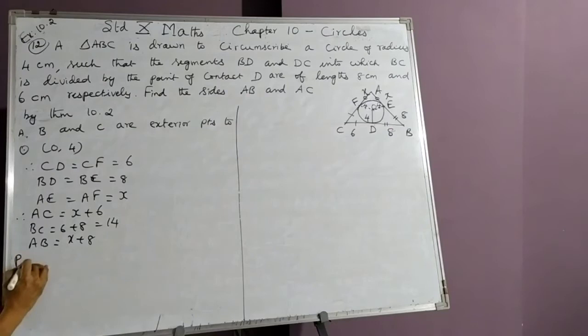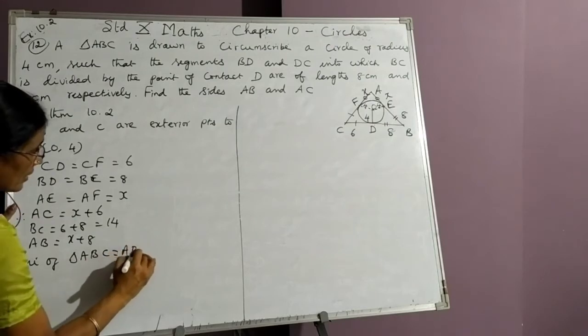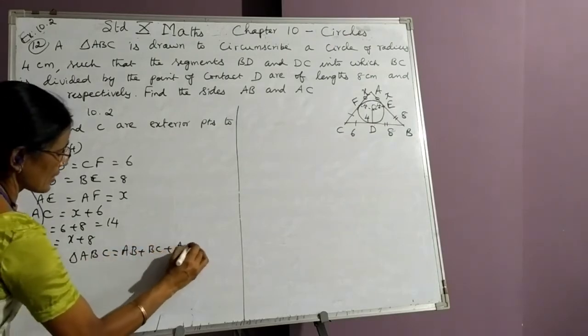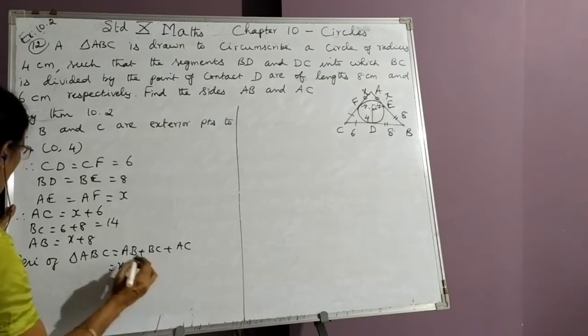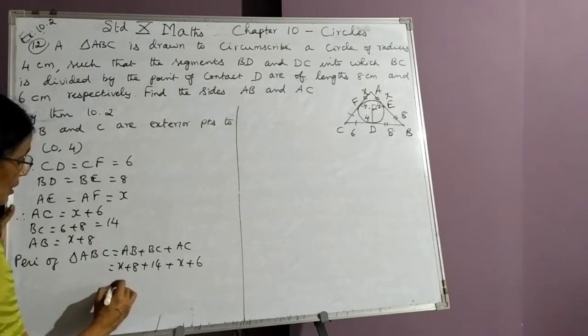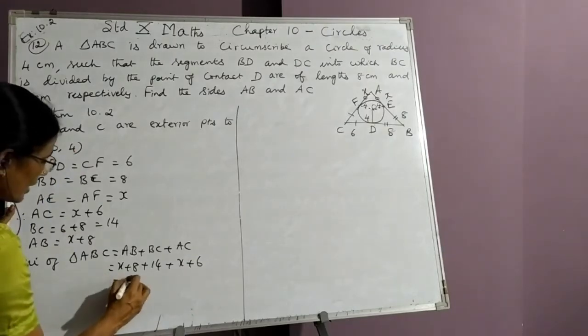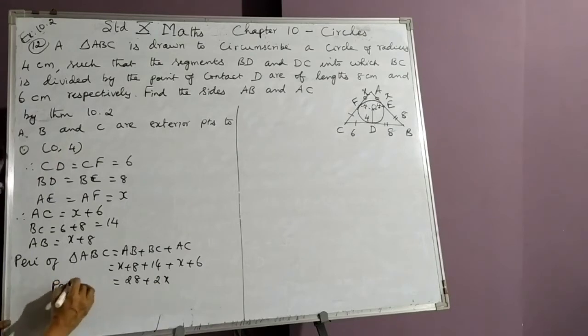I find the perimeter of triangle ABC. What is the perimeter of any triangle? It is the sum of all the three sides. AB is x plus 8, BC is 14 and AC is x plus 6. So adding, we get 28 plus 2x is the perimeter.